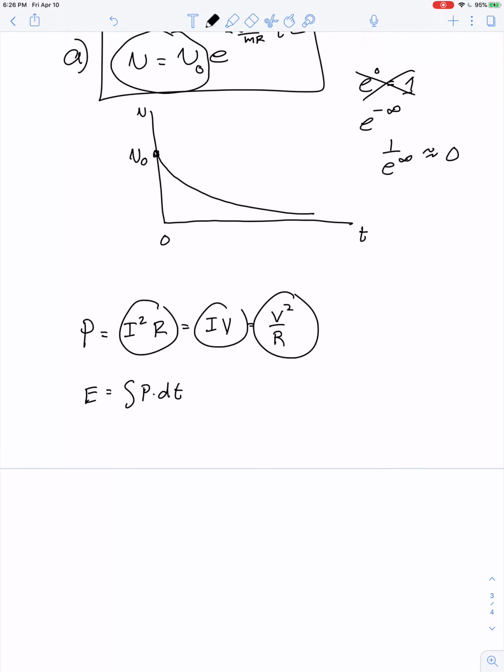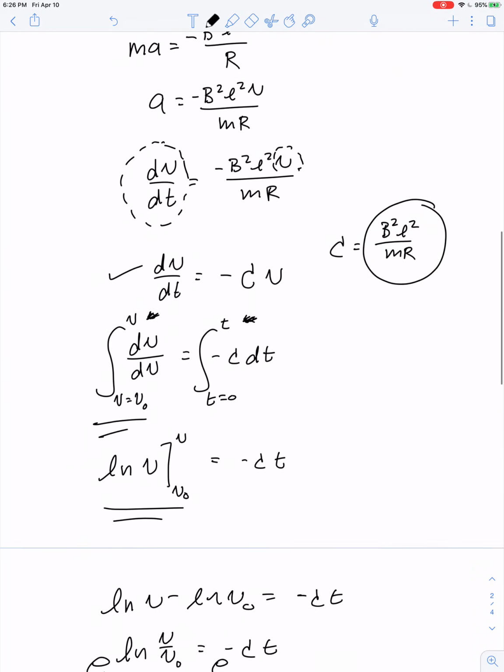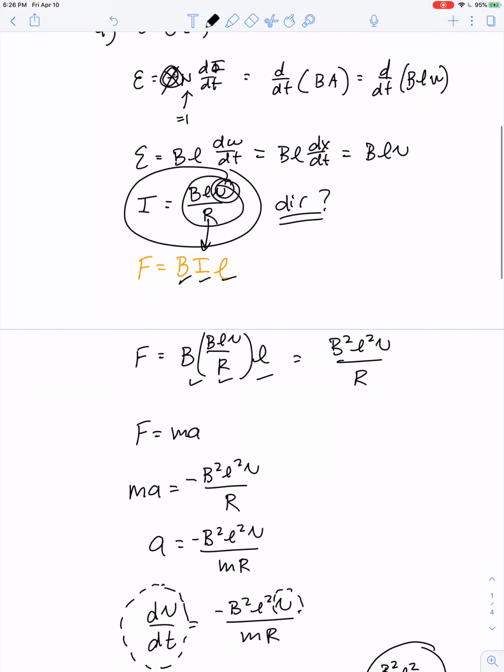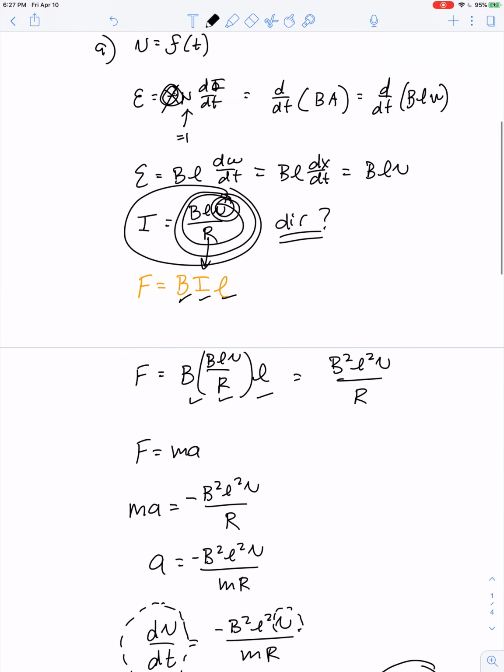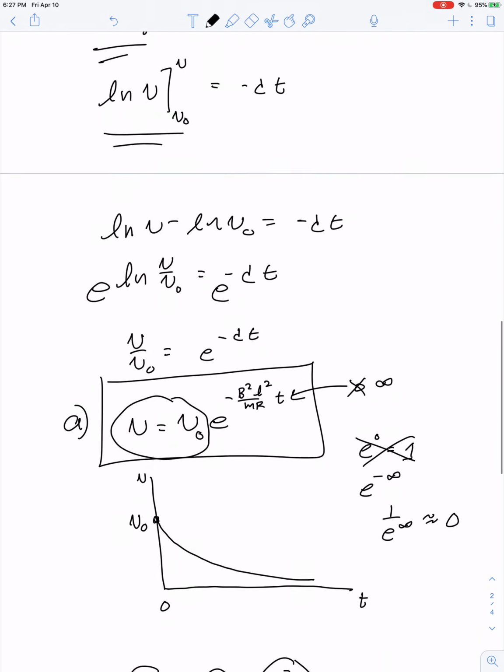Let's try each one. The current is BLV over R, and the voltage is BLV.